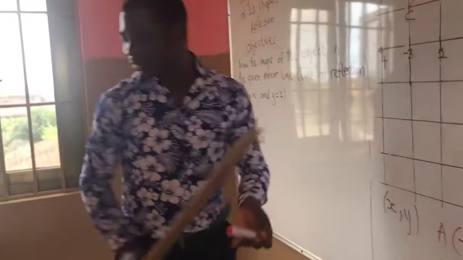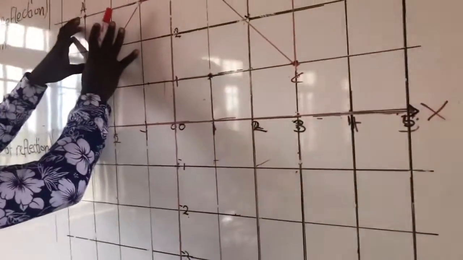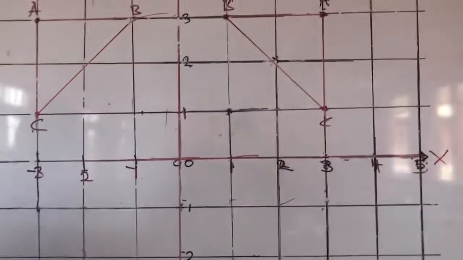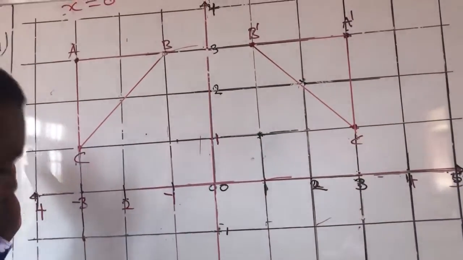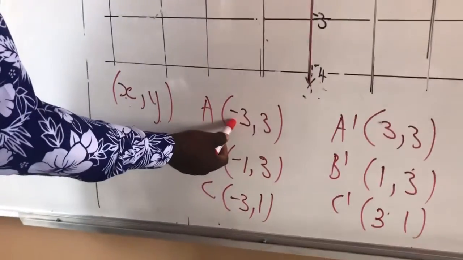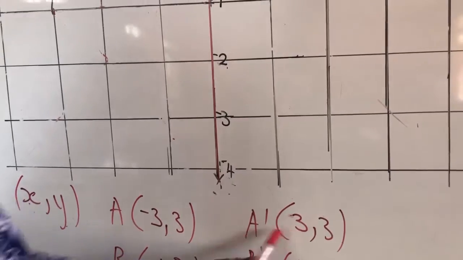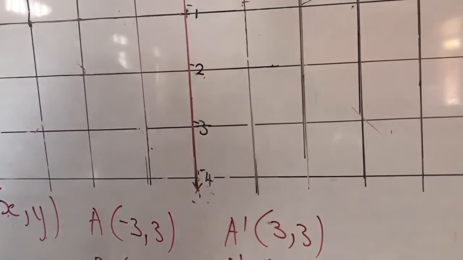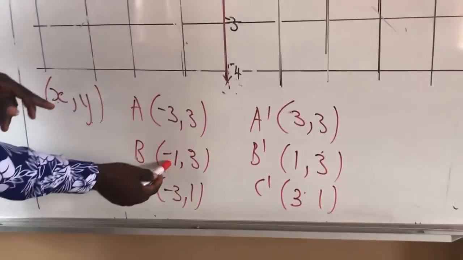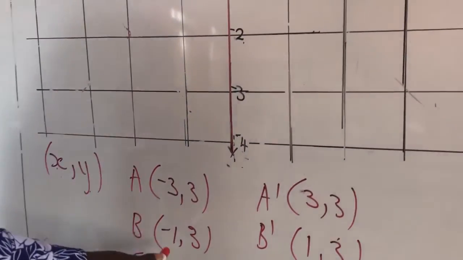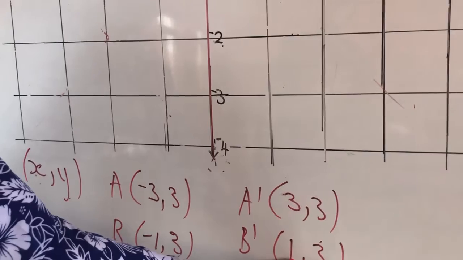So on the coordinates, you have seen that when reflecting on the y-axis, on the left-hand side, x is negative 3, but on this side x is positive. When it comes to B, the left-hand side is negative 1, and here it is positive.